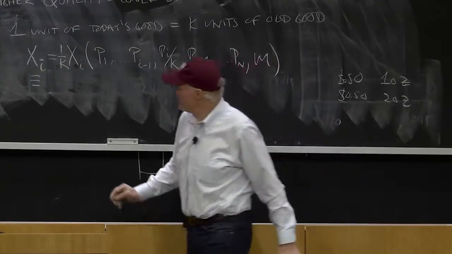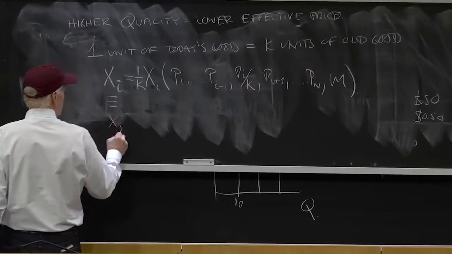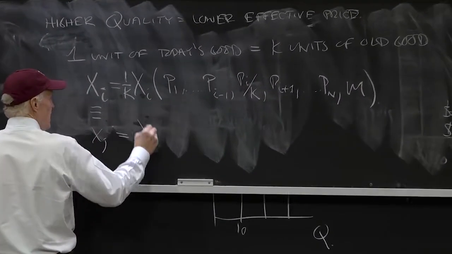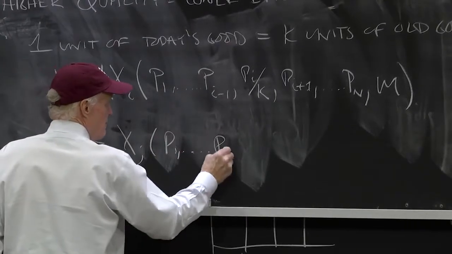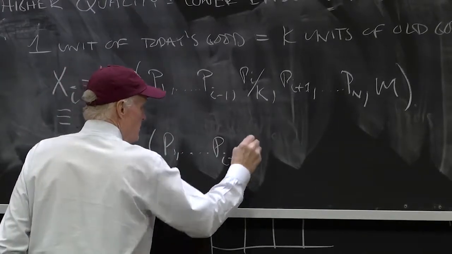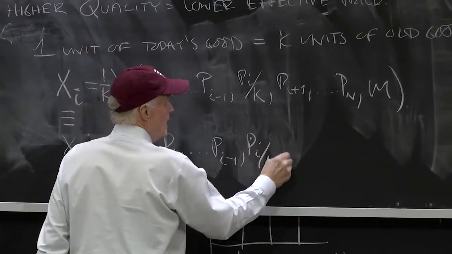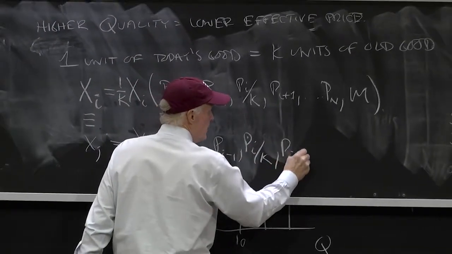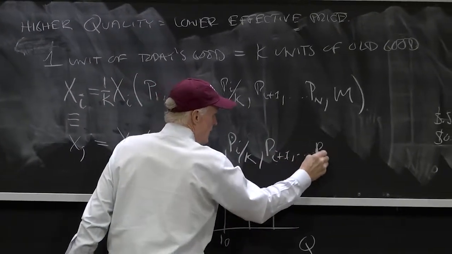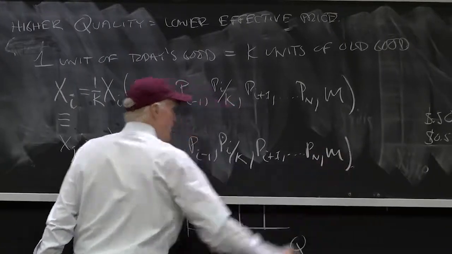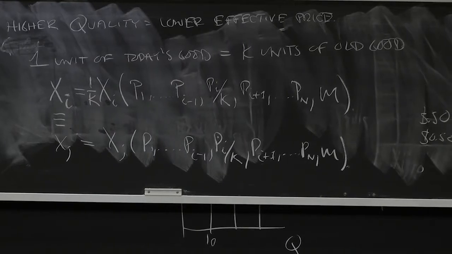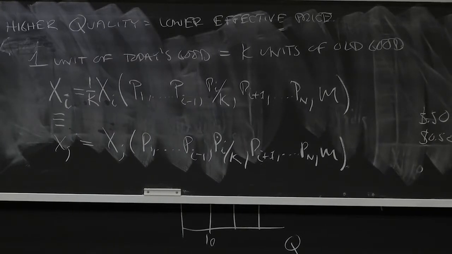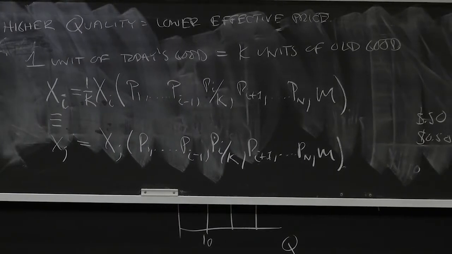What if I looked at xj? Well, xj would be xj of p1 up to p(i−1), pi over k, p(i+1) up to pn and m. How would that help me? Assume I don't know any elasticities, but I know something.